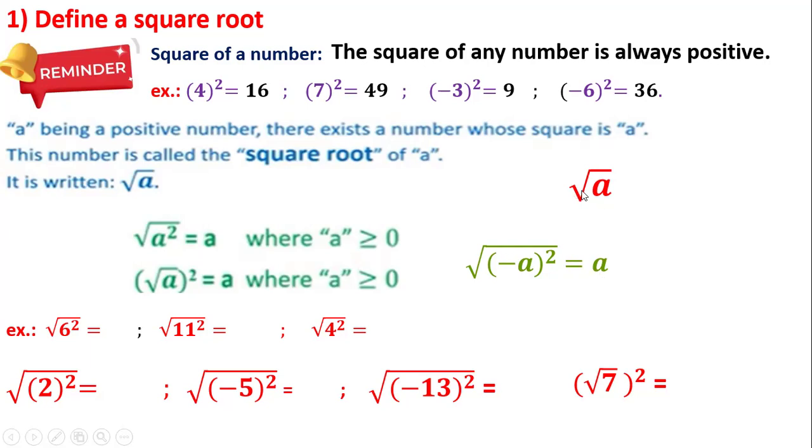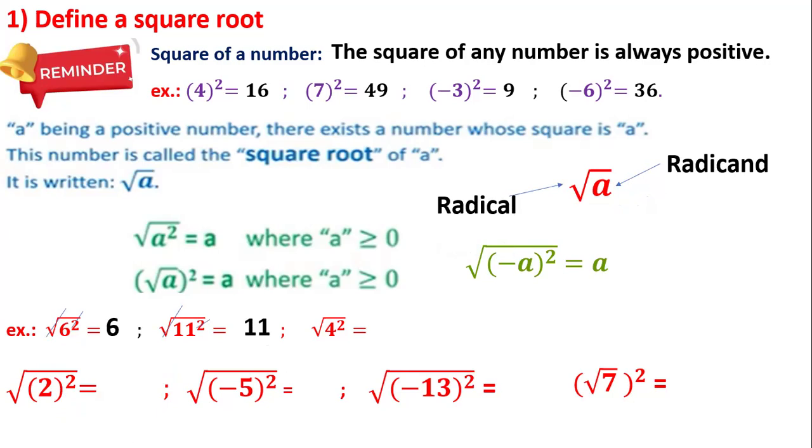Let's look at this radical A. As I said, the symbol is called the radical, and the number inside, which is A, is called the radicand. Let's solve an exercise. Let's simplify radical 6 squared. The number inside has an exponent 2, and it's positive. So the square cancels the radical, and it gets out as 6. Radical 11 squared: the square cancels the radical, and it comes out as 11.